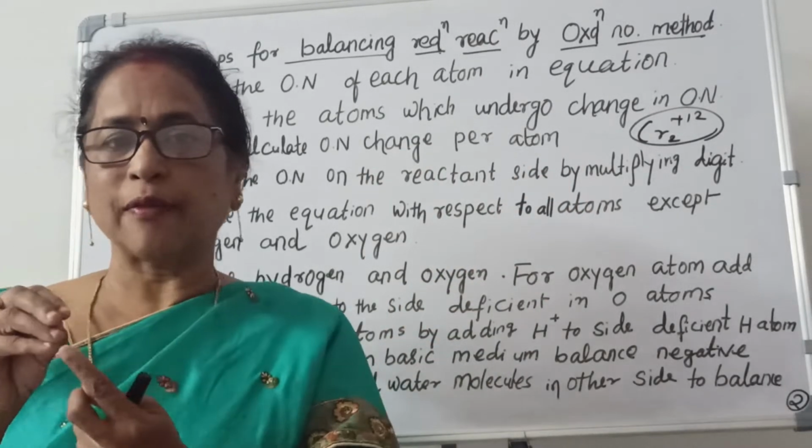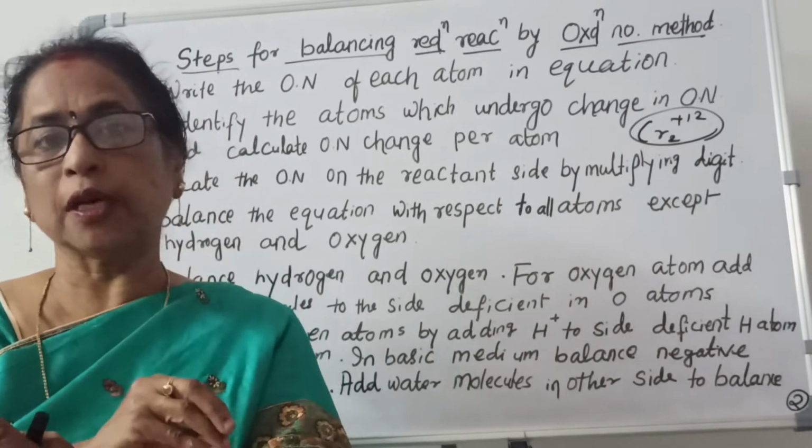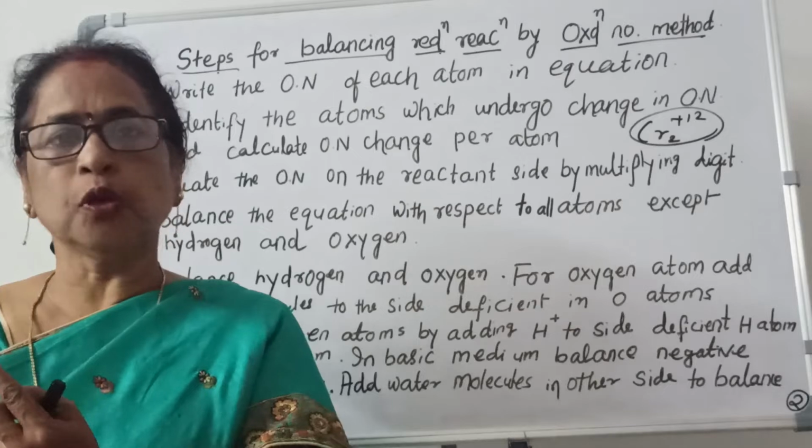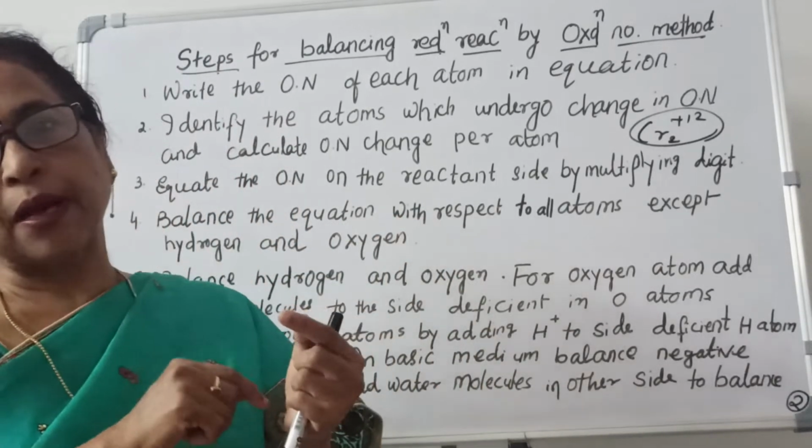Suppose one atom has a change of 2 and the other has 3. Then how to do it? Where it is plus 2 you multiply by 3, and where it is plus 3 you multiply by 2.